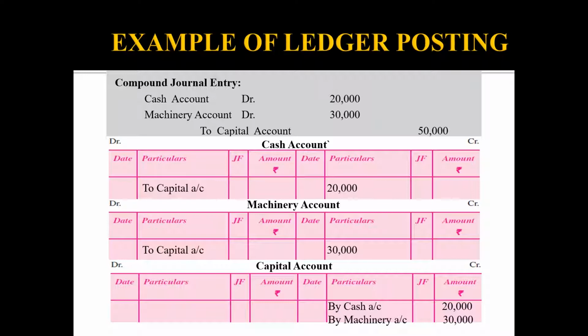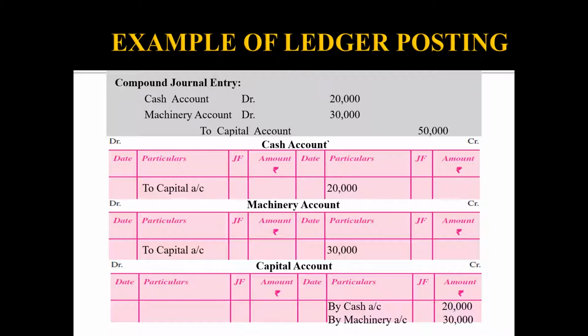Firstly, in cash account, $20,000 will be debited with the name of capital account, and in machinery account, capital will be debited as $30,000. And in the last account, that is capital account, both cash and machinery will be credited with $20,000 and $30,000 respectively.